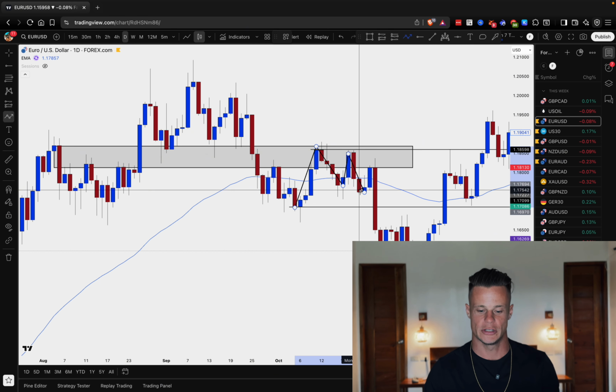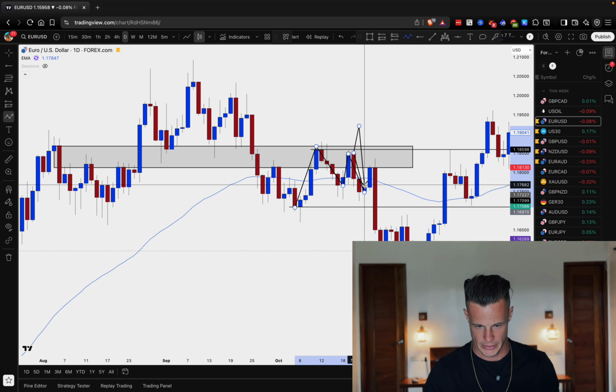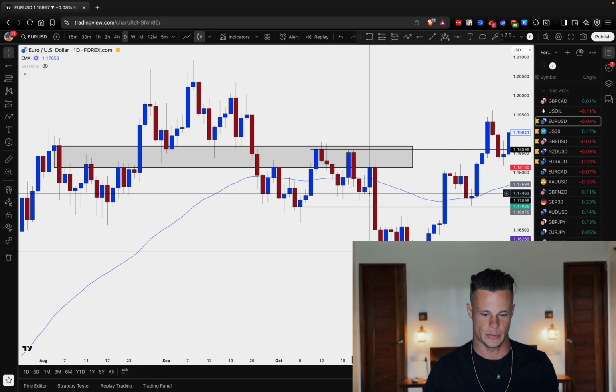This is still bullish, even though we did this. Why? Because this price didn't break above this price or this previous high, right? It didn't break above. It just got rejected, got below, but we are still bullish.